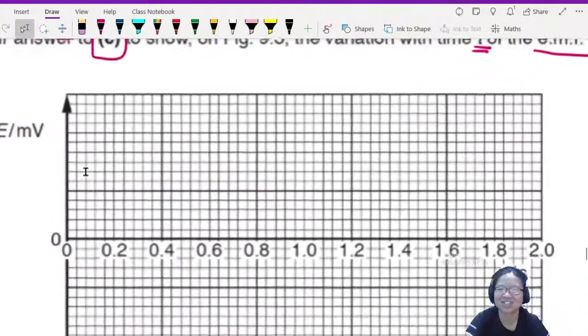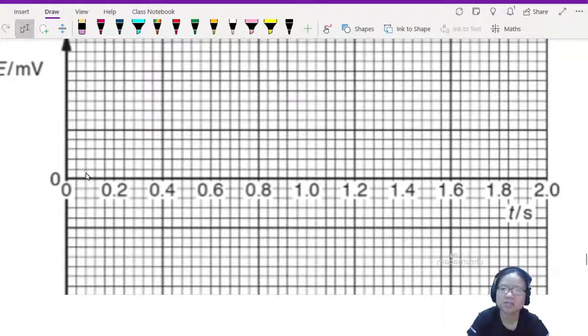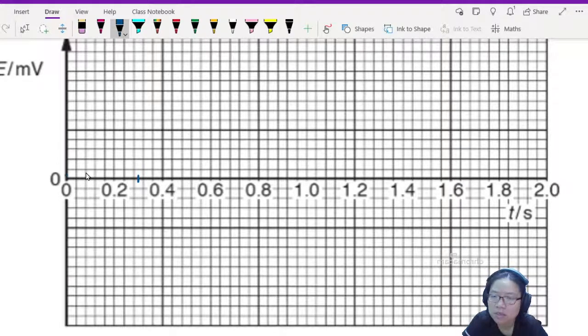We say thank you and tick first, okay? So 0 to 0.3, which is the middle here, this will be no EMF. Then 0.6 to 1.0, also no EMF. And 1.6 onwards, also no EMF.